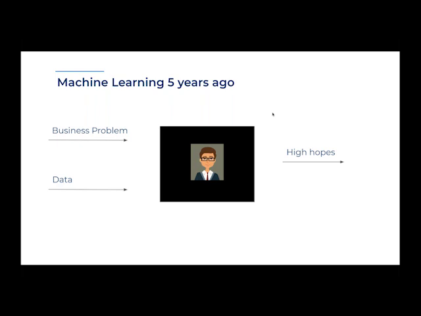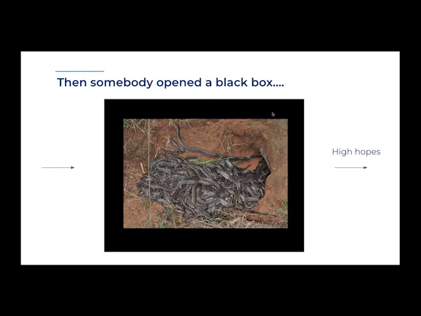Then after a few years, somebody opened that black box, and what did he discover? Hey, there is a lot of Python. So much Python code, thousands and thousands of lines of it, and we still have high hopes that this Python code will work reliably in production.